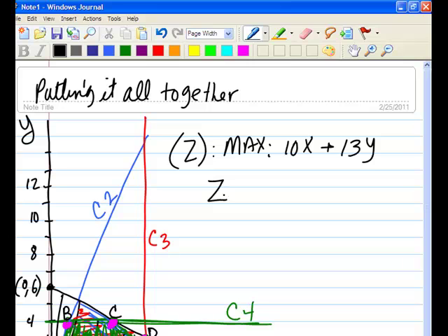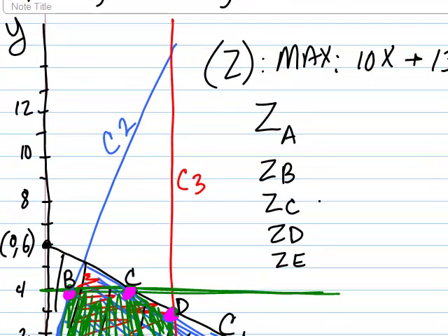So the objective function value at point A, at point B, at point C, at point D, and at point E can be computed. And this one right here was constraint 4.